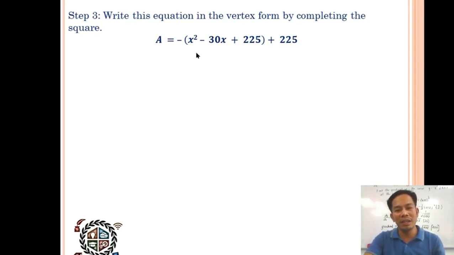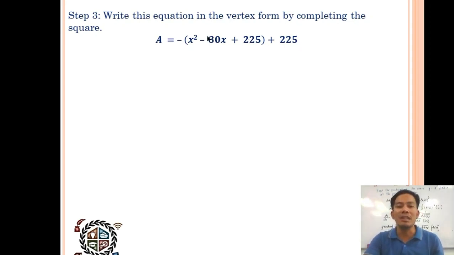Okay. Remember kanina, ang value natin is 30x minus x squared. Yan yung area. Okay. Gagawin nating positive si x squared. So, pag ginawa nating positive si x squared, ilalabas ko yung negative sign dito. At kapag nilabas ko yung negative sign, yung 30x na positive kanina ay magiging negative. Next, saan ko nakuha yung 225 plus 225?